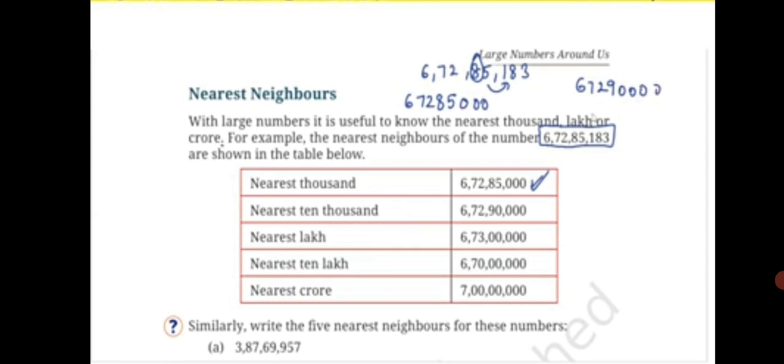So here 8 becomes 9, and the rest of the digits will be 0. So it is 6 crore 72 lakh 90,000. This is the rounded number for the nearest 10,000. I hope you understood this concept very well.